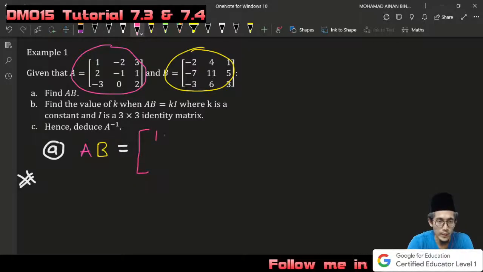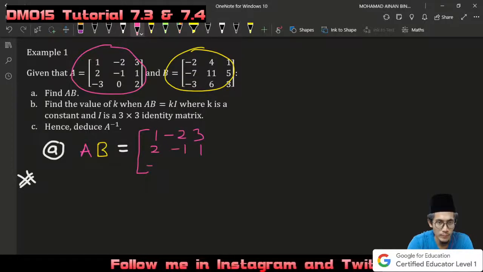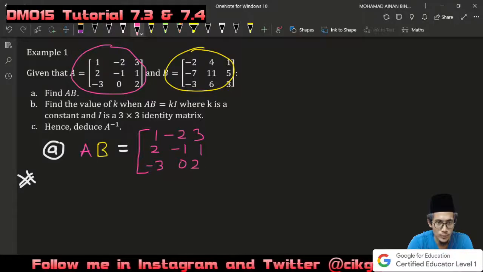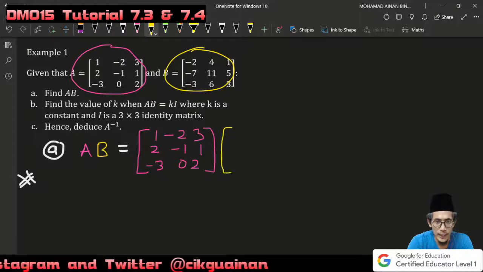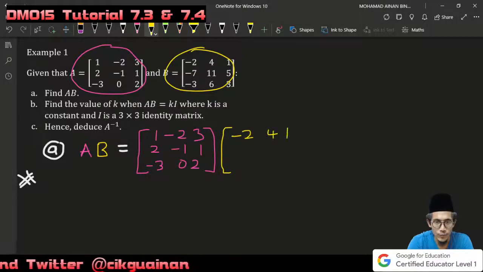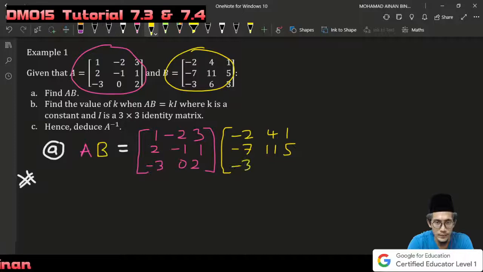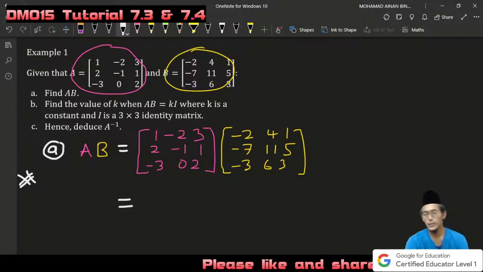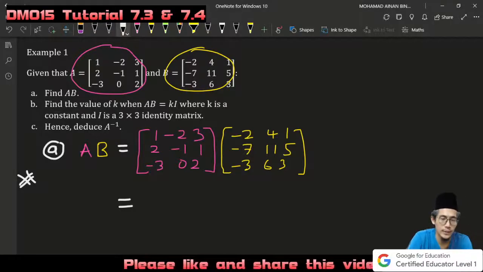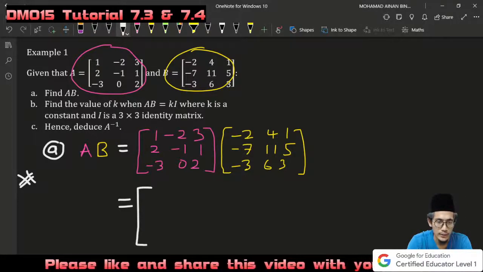Okay, 1 minus 2, 3, 2 minus 1, 1 minus 3, 0, 2. Okay, and then multiply it by minus 2, 4, 1 minus 7, 11, 5 minus 3, 6, 3. Okay, and then this one you can use calculator.